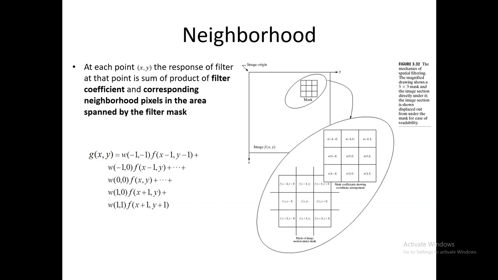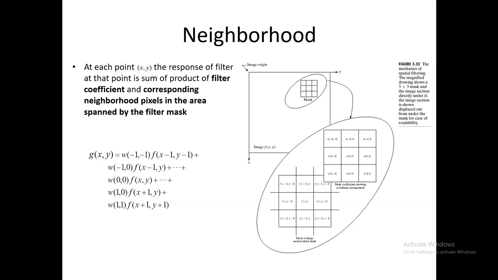We observe that the center coefficient of the filter, w(0,0), aligns with the pixel at location x,y, and we move the filter mask over the image and compute the sum of products at each location.